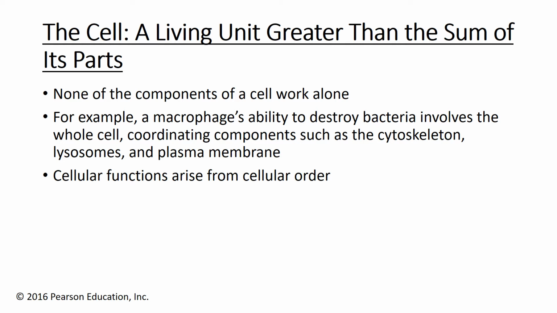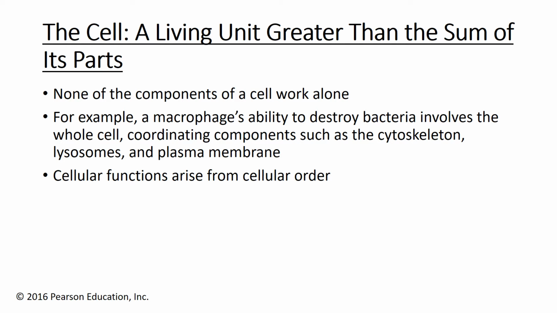We need a lysosome coming from the Golgi body to intersect that ingested pathogen, and then we need those two to combine. So the vesicle that contains the bacteria and the lysosome itself have to put their cell membranes together, and only then will the hydrolytic enzymes inside of the lysosome work.